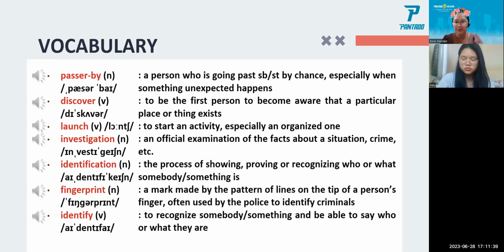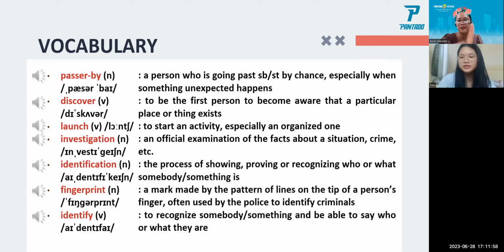That's why I always keep my ID in my wallet. Someone is able to recognize you because of your identification, ID, and also your fingerprint.